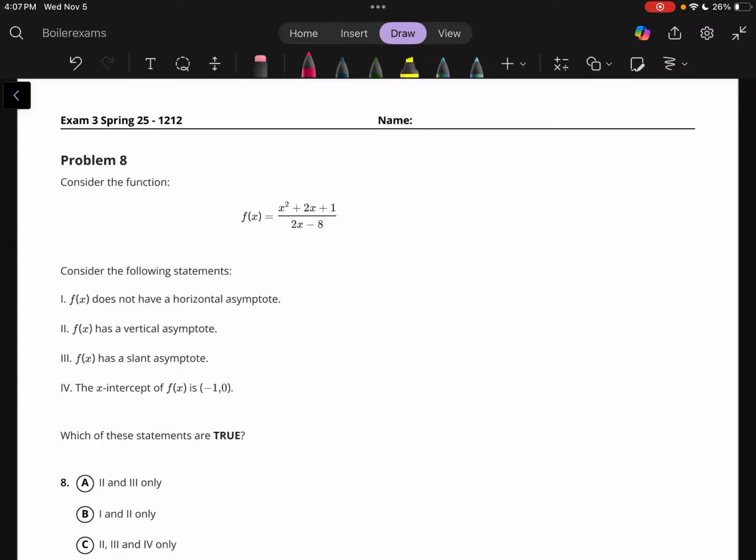If the degree of the numerator is less than the degree of the denominator, then the horizontal asymptote is 0.